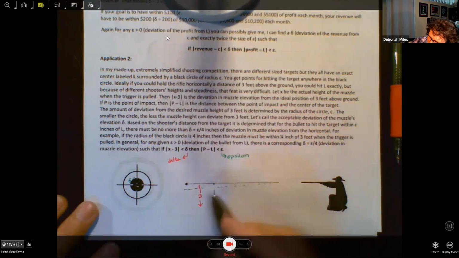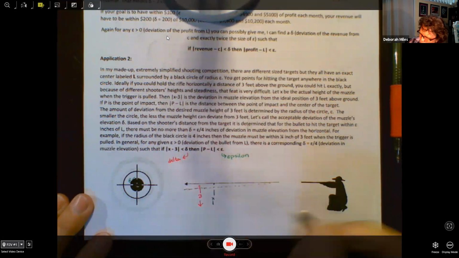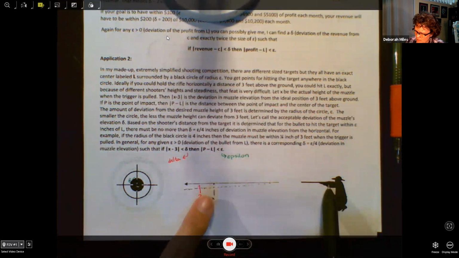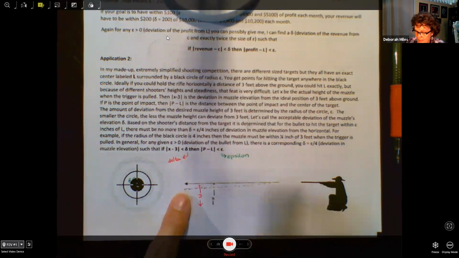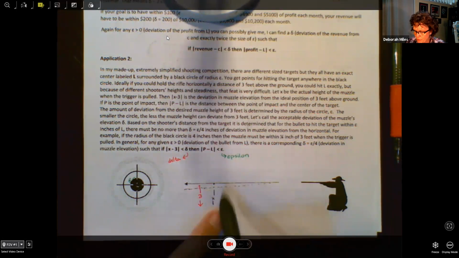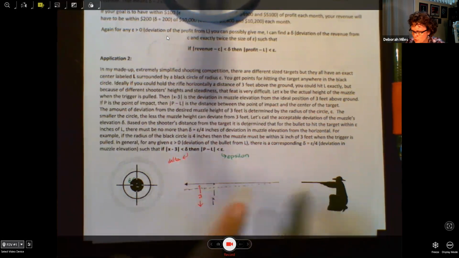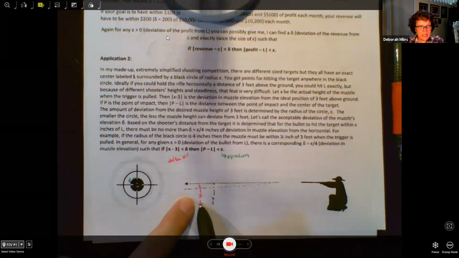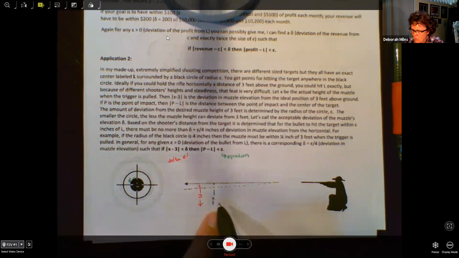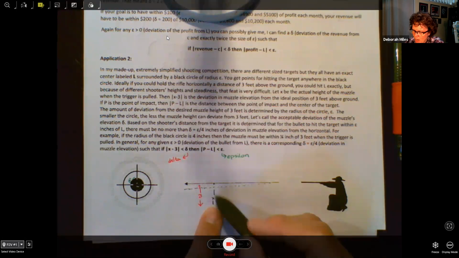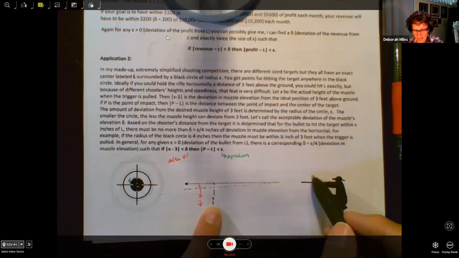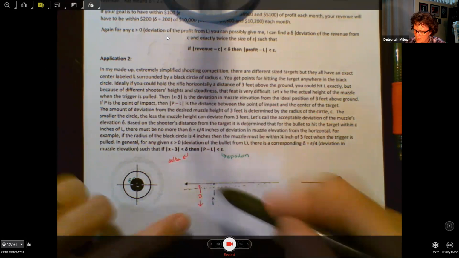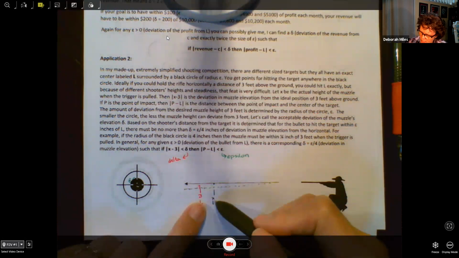So if I want to find the amount that this shooter's trajectory differs from the ideal trajectory, the ideal trajectory is 3 feet above the ground, but I want to know how far off this dude is, dude or dudette. How do I find the difference between X and the ideal?